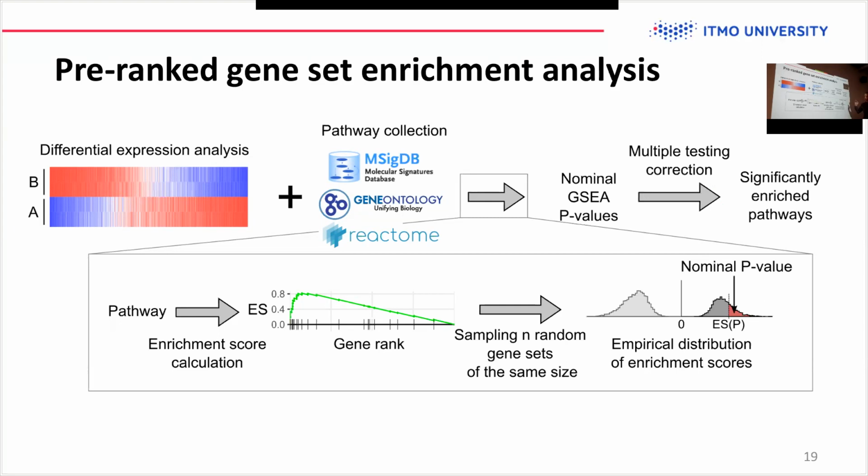So again, sample some number of gene sets and compare how frequent this or more extreme enrichment score is in our random sample.